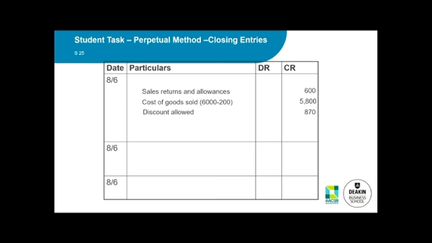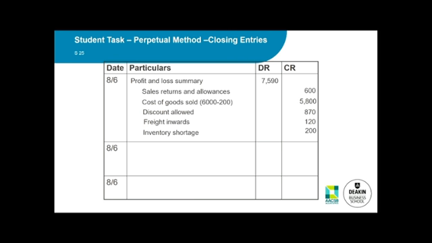That was an expense. We allowed the discount of $870. Freight inwards, that was another expense that we recorded. Again, we credit all those expenses to get rid of them. And then we have the last one, which was inventory shortage. So now if we add them all together, we can find out how much of that goes to the debit side of our profit and loss, and that's going to be $7,590, right?